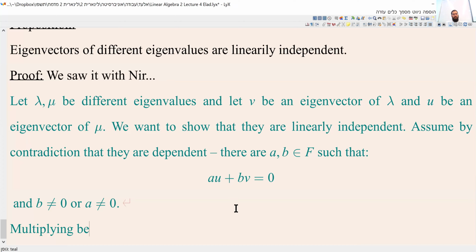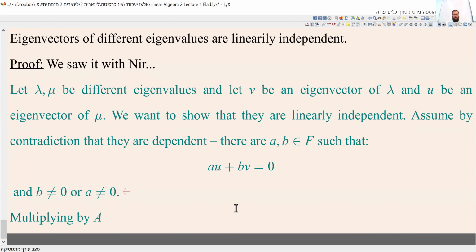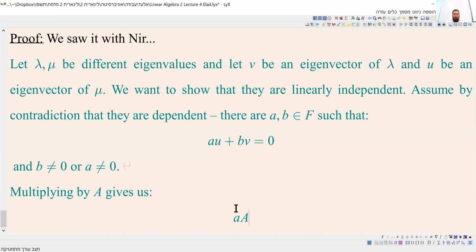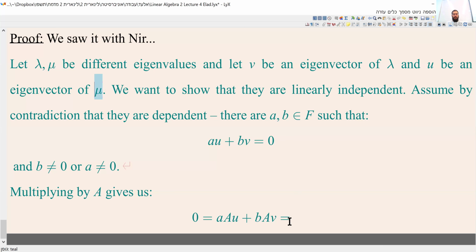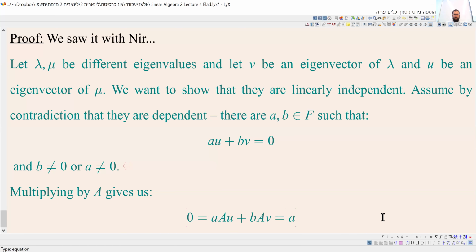Multiplying, that's right, by A gives us A·A·U plus B·A·V is 0. Now, AU is mu U, and BAV is B lambda V, right?